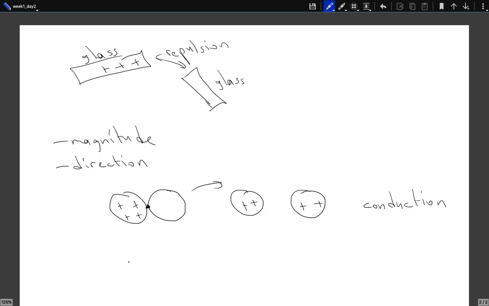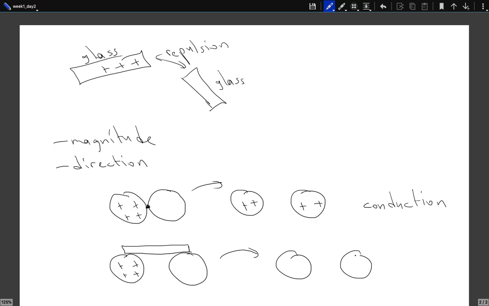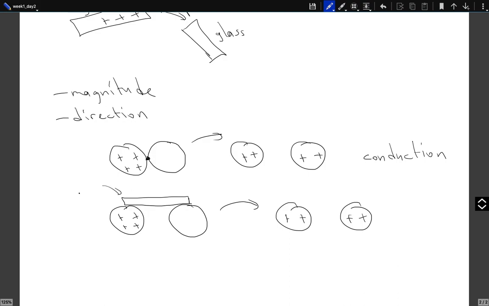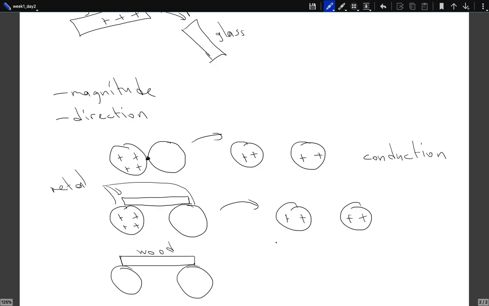So this one, you can try, let's say you have a charged sphere, and take another metal object and put it on top. And what happens is, again, both spheres become charged. If this is metal, well, all of them are metals. If you bring wood, then, well, the second sphere is not charged.